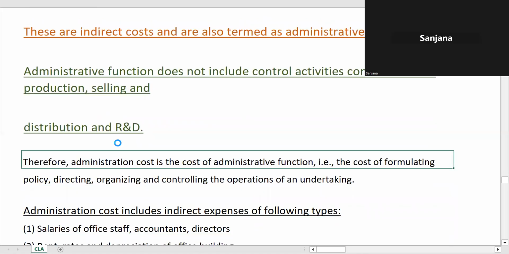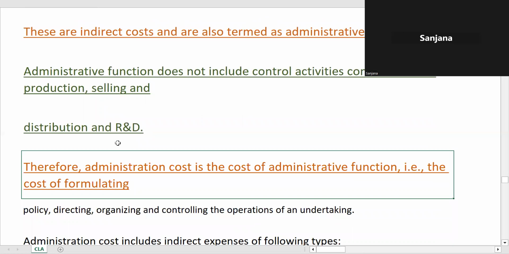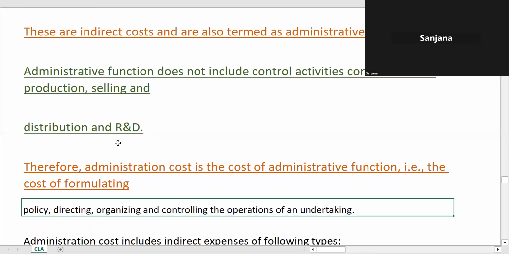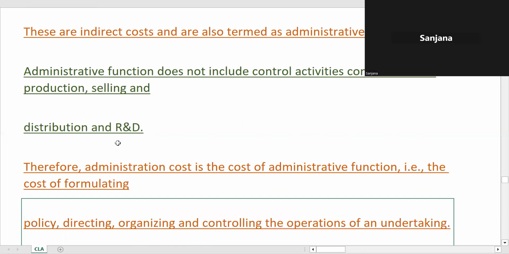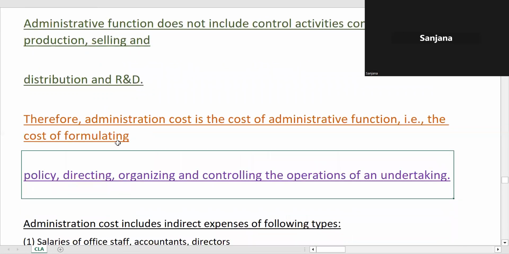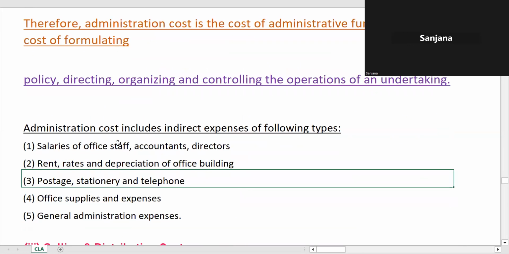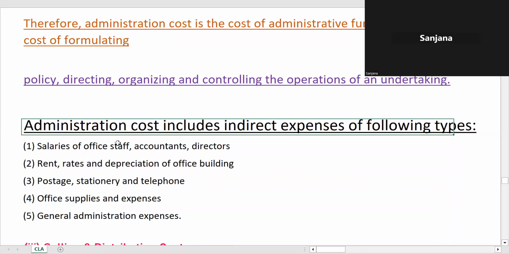Administration cost is the cost of the administrative function, that is, the cost of formulating policy, directing, organizing, and controlling the operations of the undertaking. What all comes in this?